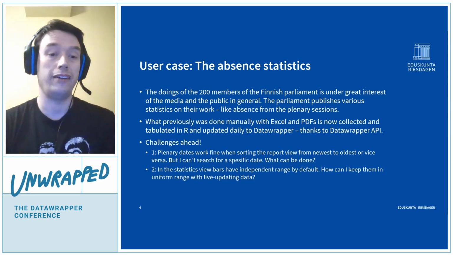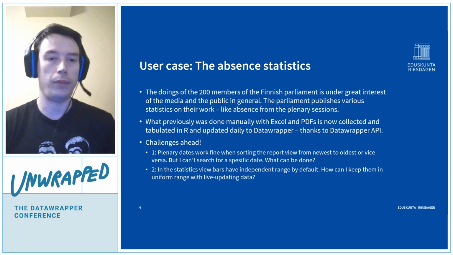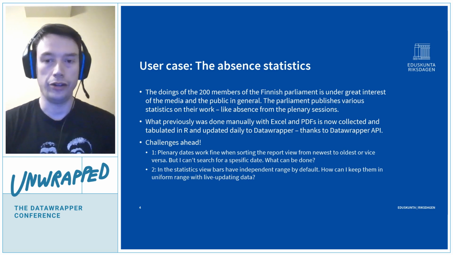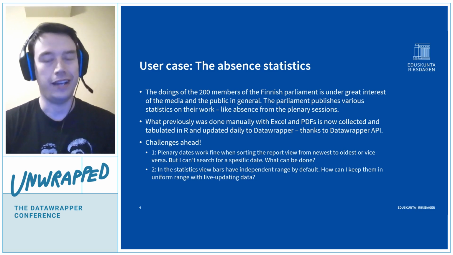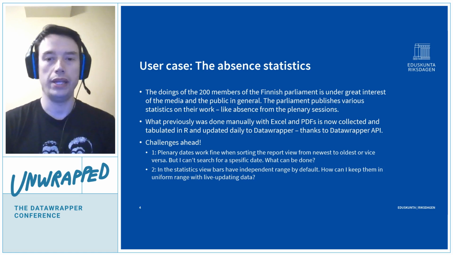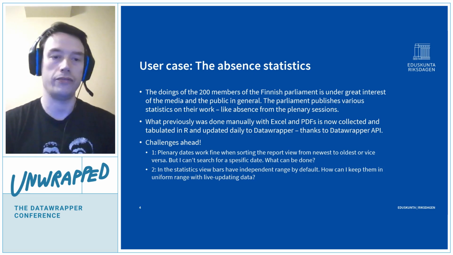But when I was building this pipeline, there were some challenges I encountered, and one of them had to do with the plenary dates, or dates in general. When you upload dates into Datawrapper, they are usually recognized as date format. They work fine when you want the rows to be reorderable from oldest to newest or vice versa.